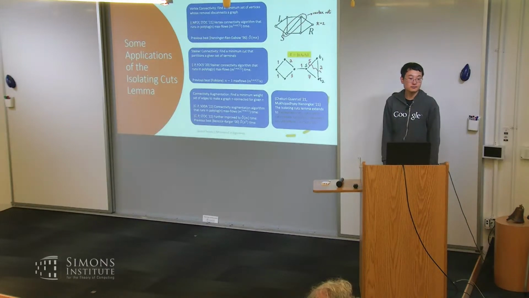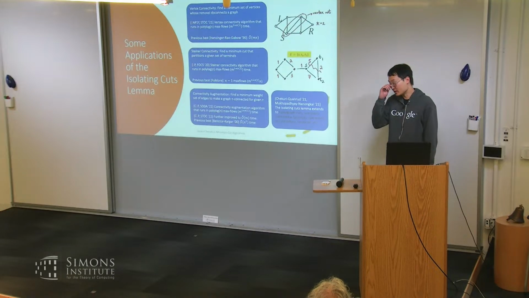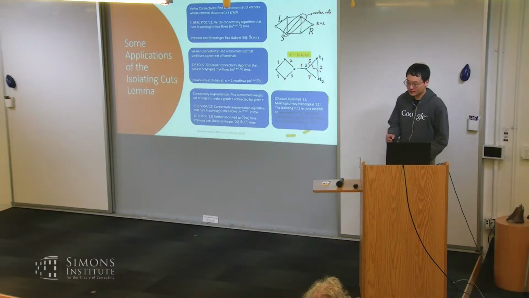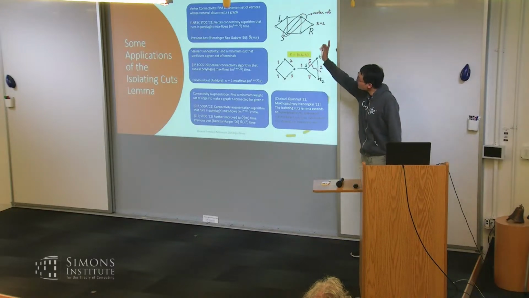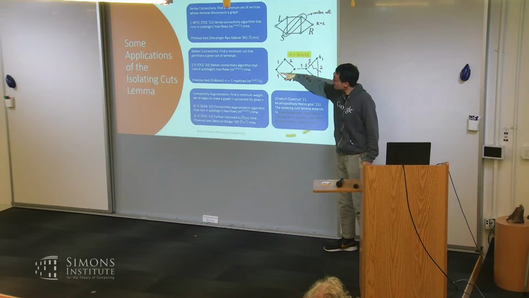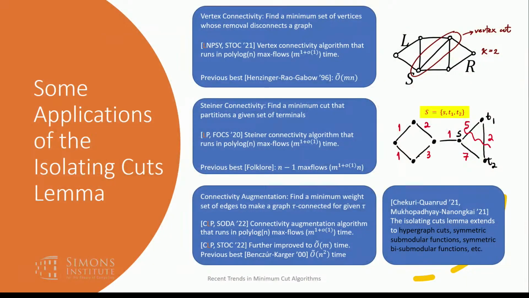If I assume that max flow is linear time, strongly polynomial time, then will you get everything in linear time, strongly? Yeah, this is a very good question. So for the first few, this result, yes. Vertex connectivity, of course, only works for unweighted graphs. This is a setting where the vertices are unweighted. Each vertex has weight 1. We don't know how to make this work for weighted vertex connectivity. I believe this result here does do some scaling approach, so it's not quite strongly polynomial.